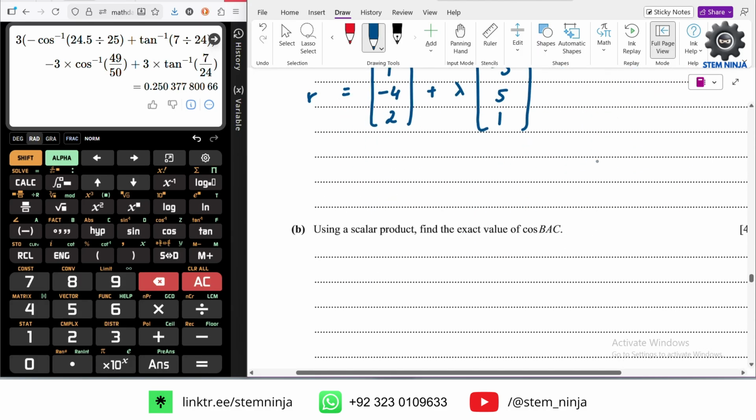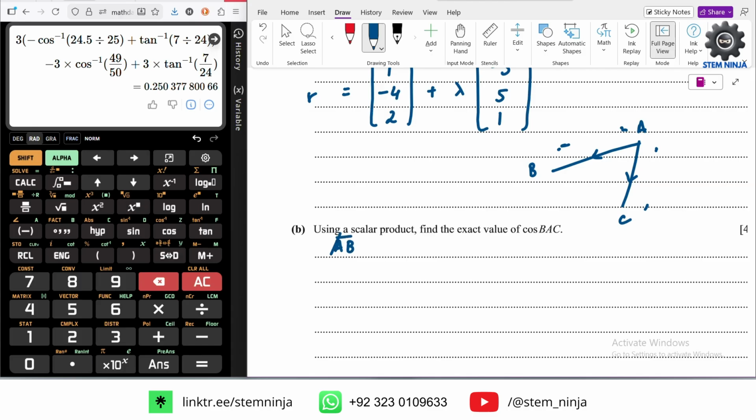So cosine of BAC would mean that we need the angle between AB and AC, right? Okay, so AB we already have, but we need to find AC. So AC would be OC minus OA.